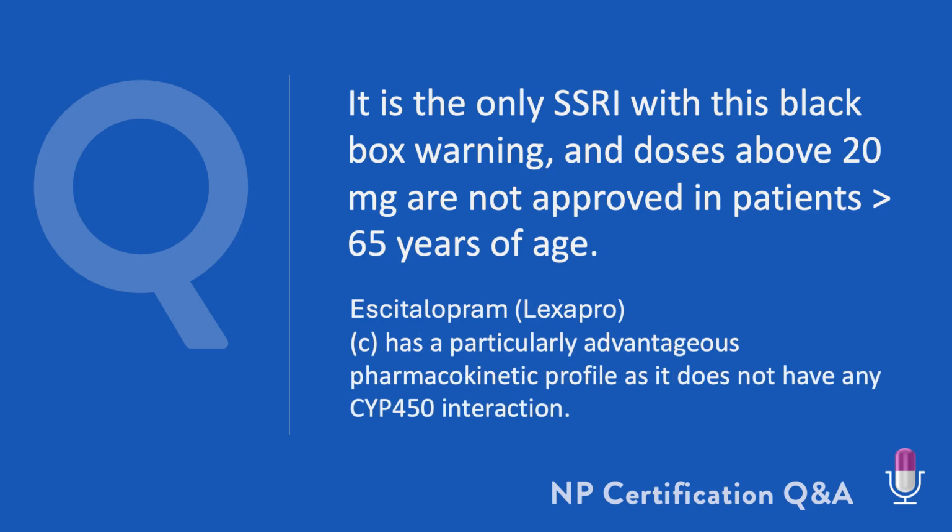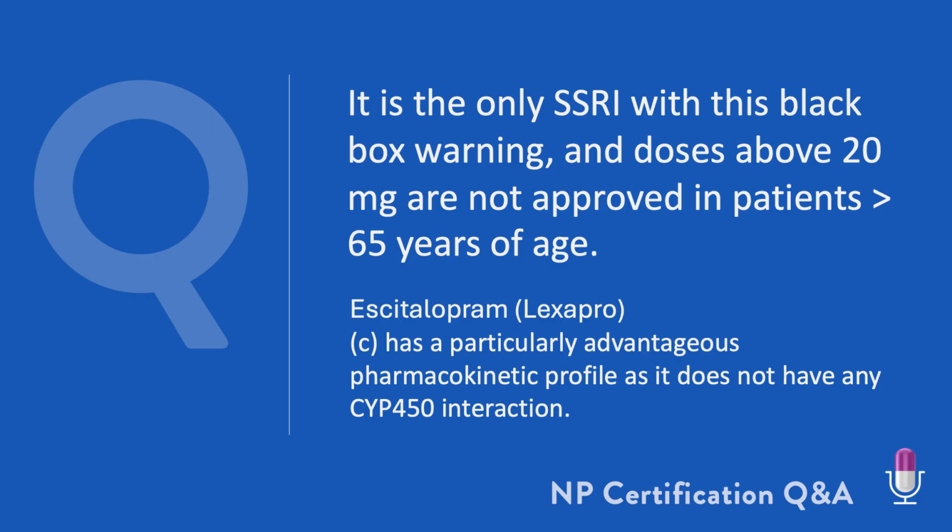And then C, escitalopram, is particularly advantageous in terms of its pharmacokinetic profile. Remember, this is the one SSRI that does not have any cytochrome P450 interaction concerns. And so, since in the older adult we have to be always cautious about drug interactions because statistically, the older adult is on an average of 6 medications, believe it or not, on a regular basis.